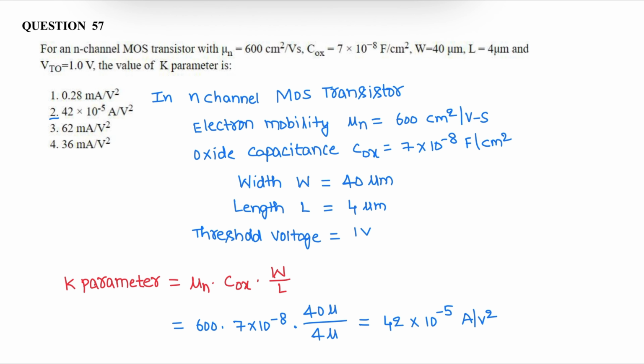So from this, K parameter is mu n COX W by L. So mu n value is 600 centimeter square per volt second and COX is 7 into 10 power minus 8, W by L is 40 micro by 4 micro. So on solving, we will get K parameter value as 42 into 10 power minus 5 ampere per volt square. Correct answer option 2.